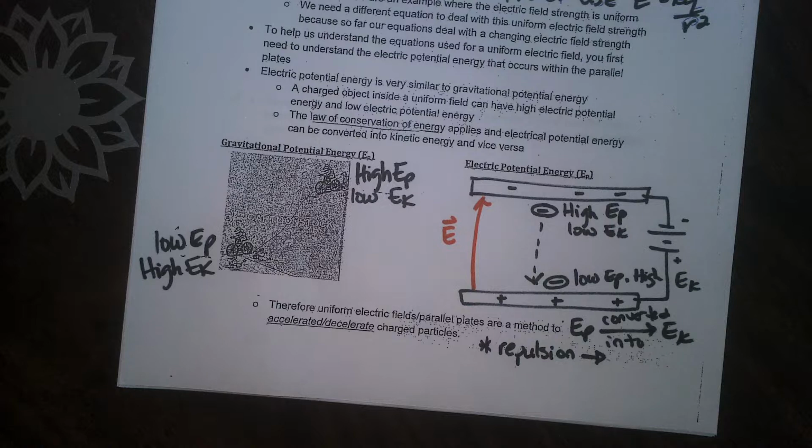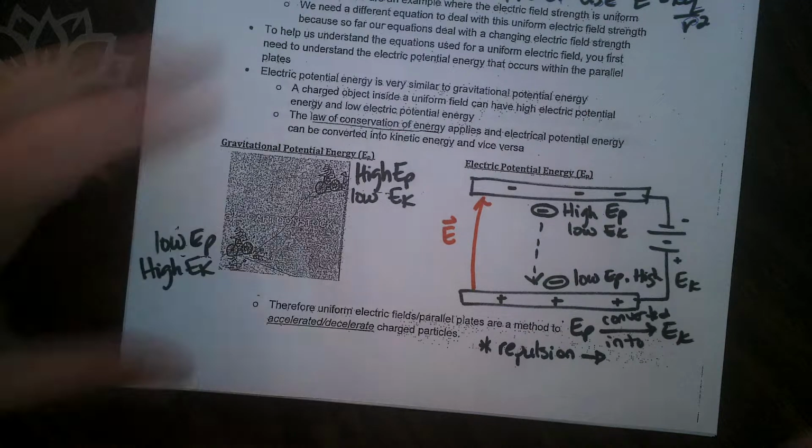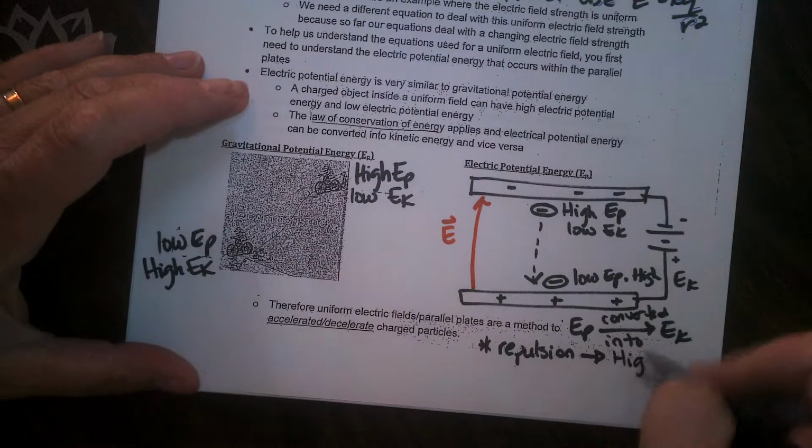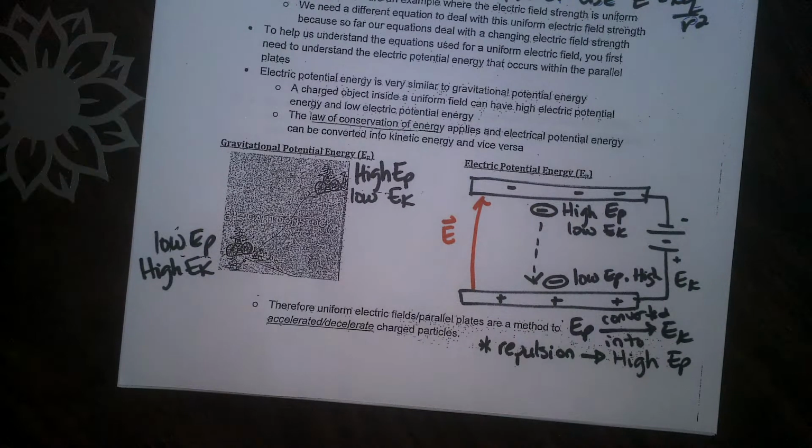What amount of potential energy does repulsion have? High or low? High. It has high potential energy. Right? Because that negative charge does not want to sit up against that negative plate.